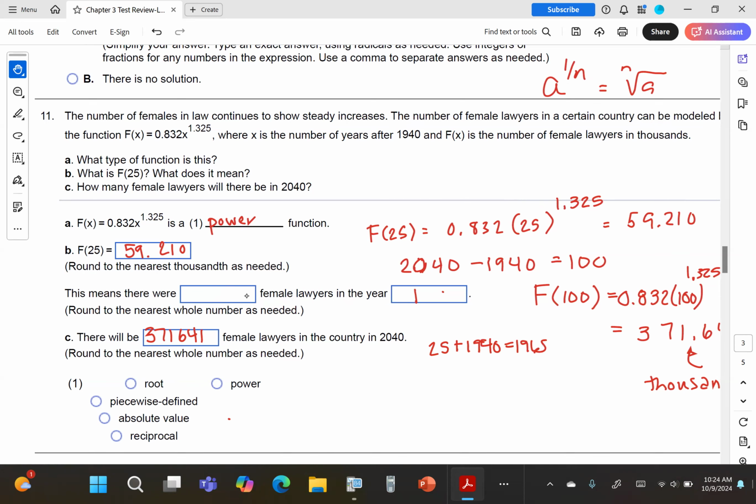So in 1965, there were 59.210, so there are 59,210 female lawyers in the year 1965. Then in 2040, there were 371,641.